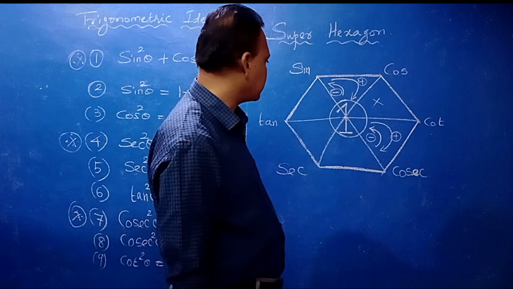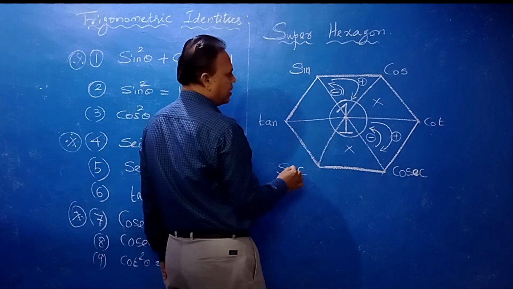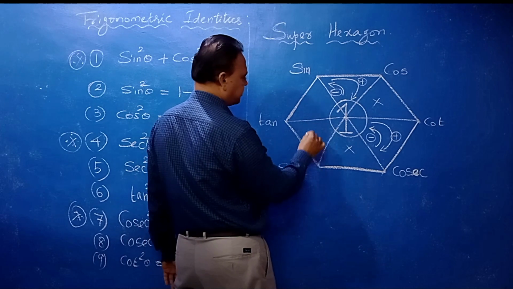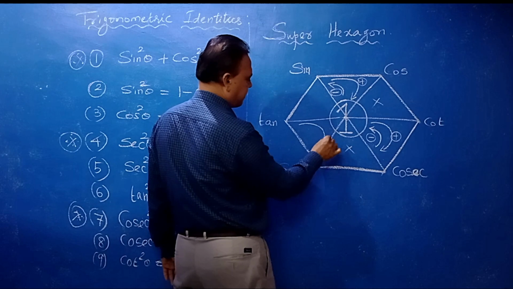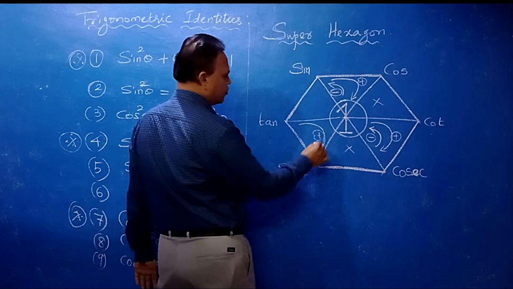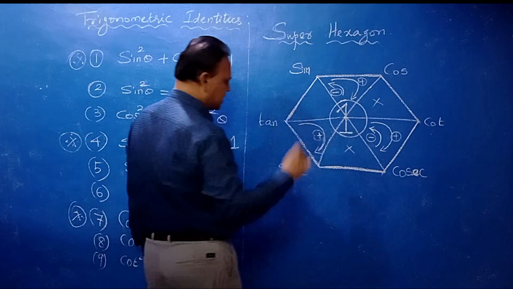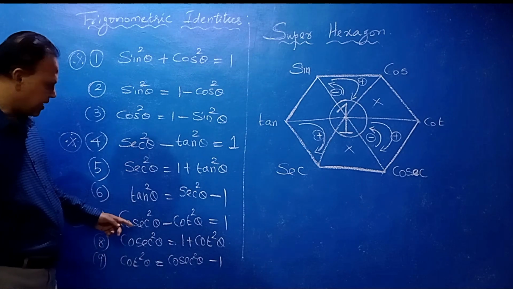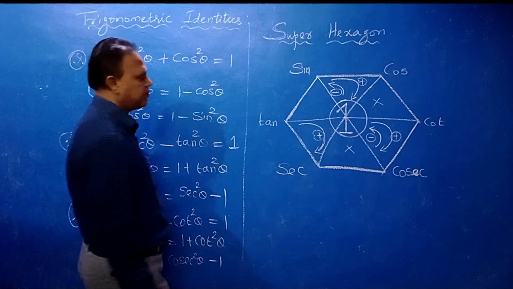Easy method. Now this triangle you leave here. Now here, clockwise direction, plus. Tan square theta plus 1 is secant square theta.